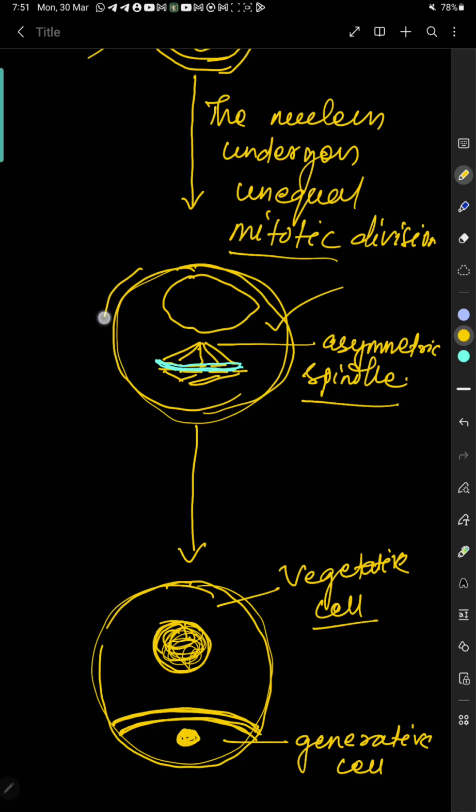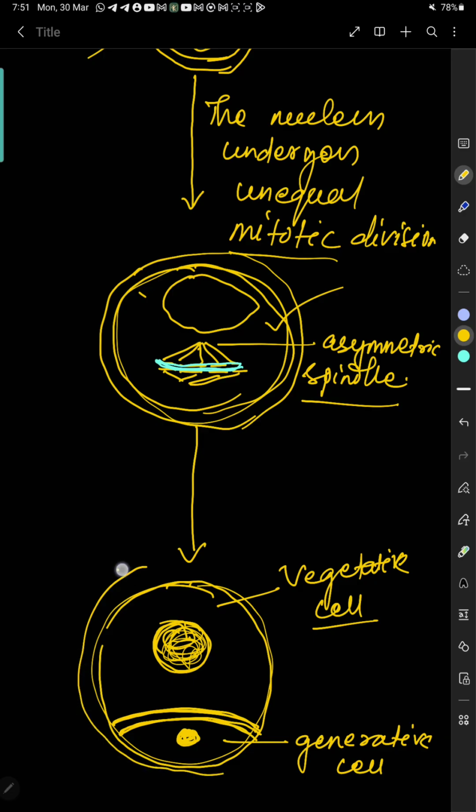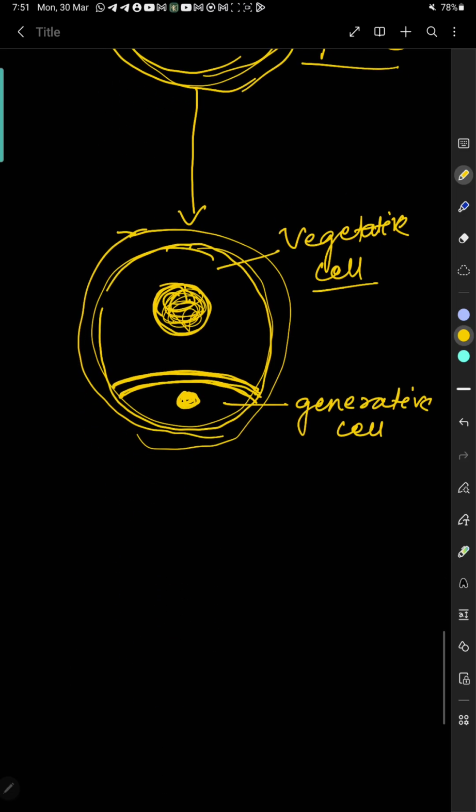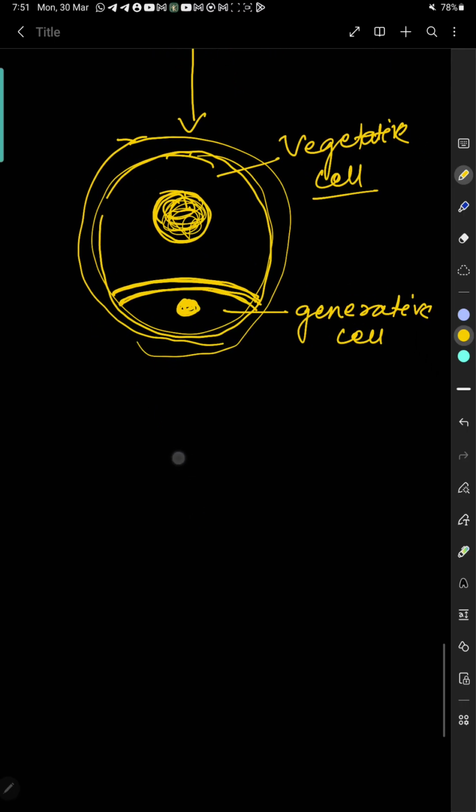And it has two outer layers. I have not drawn them here. So now this is the pollen grain. So this pollen grain has two cells, till now we have seen.